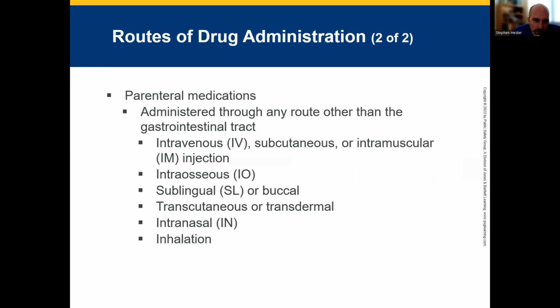All right, our parenteral medications could be IV, IM, subcutaneous, IO, sublingual, buccal, transcutaneous, transdermal, and intranasal inhalation drugs. I'm sure throughout your skill session you'll learn more about these. IV is the fastest, and transdermal is probably the slowest.